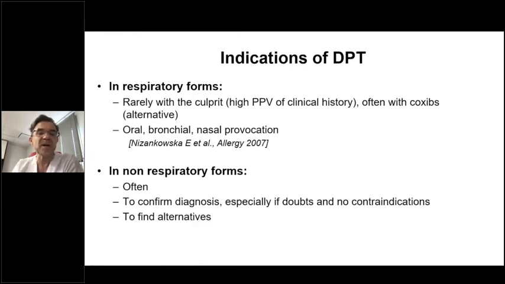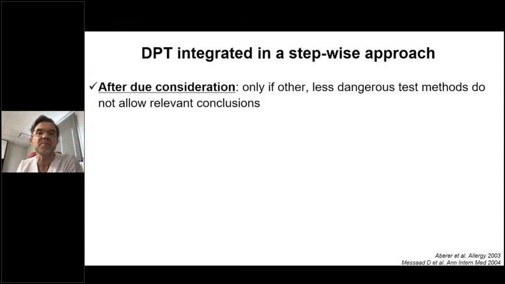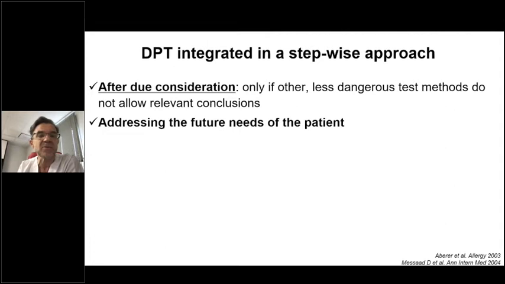In non-respiratory forms, drug provocation tests are often needed to confirm the diagnosis, especially if there are doubts and of course, if there are no contraindications, which I will detail later on. But they are also needed to find alternatives. They have to be integrated into a stepwise approach after due consideration, only if other less dangerous methods are not available or inconclusive.